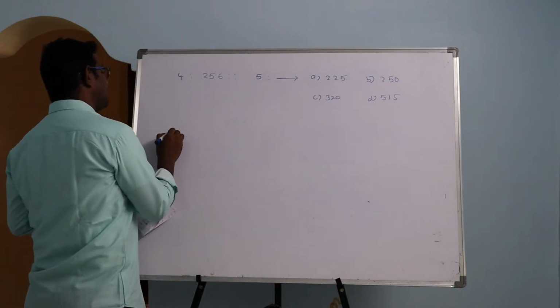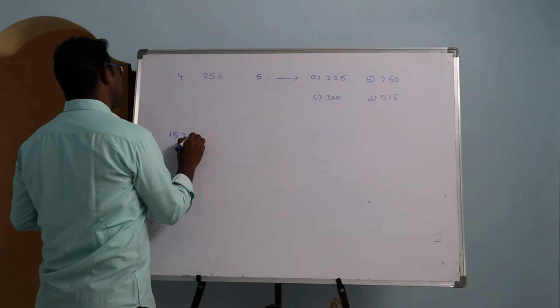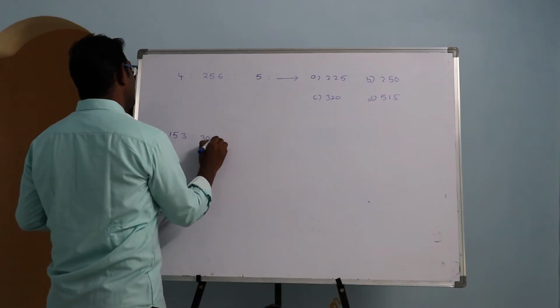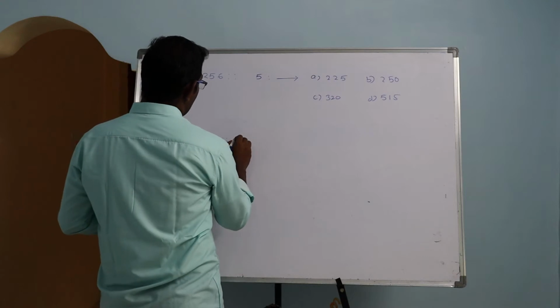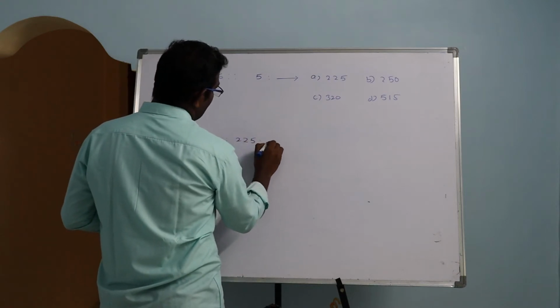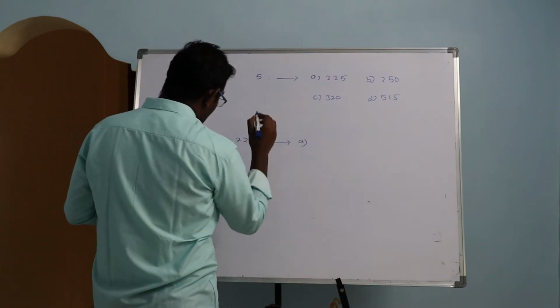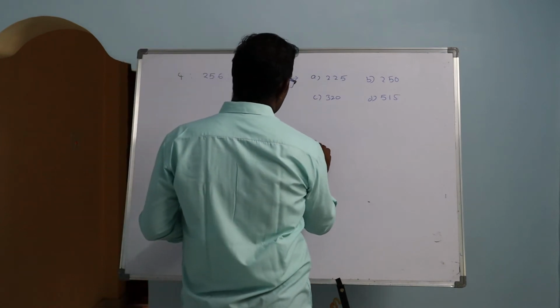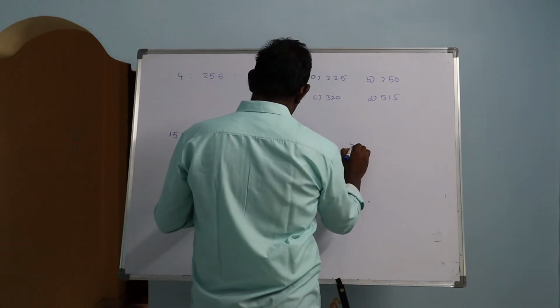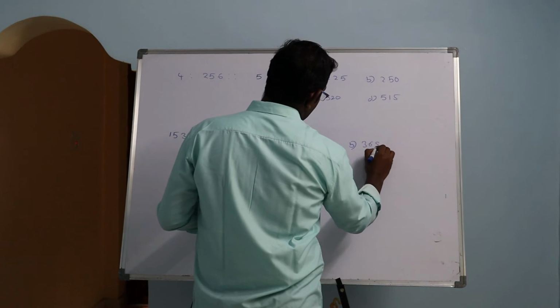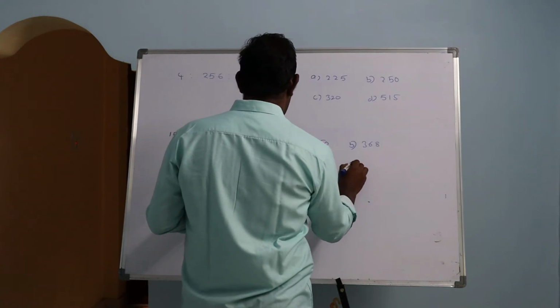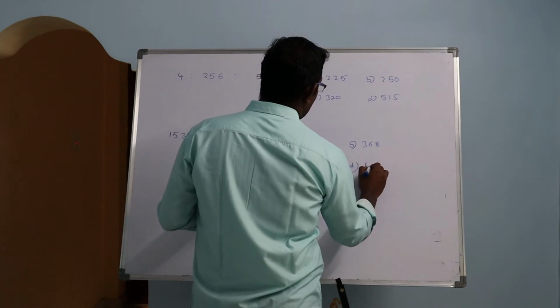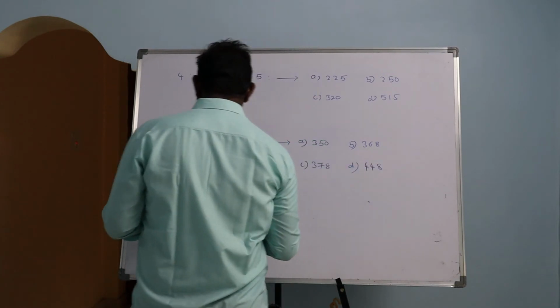Next bit is 153 is 306 as 225 is dash. Option A is 350, option B 368, option C 378, option D 448.